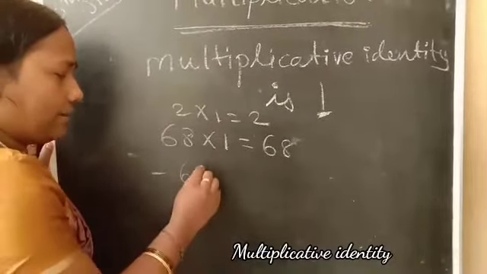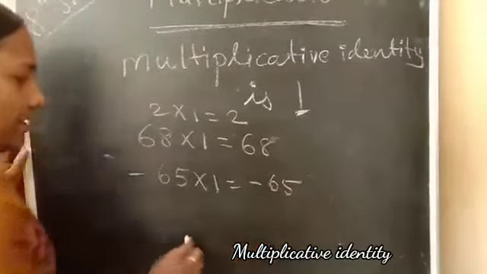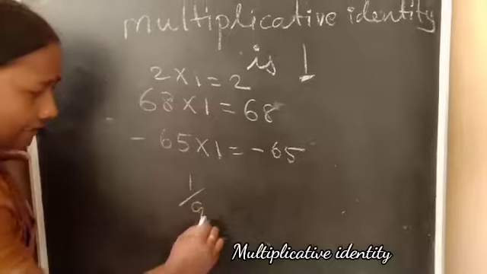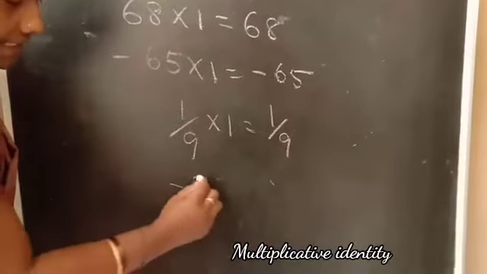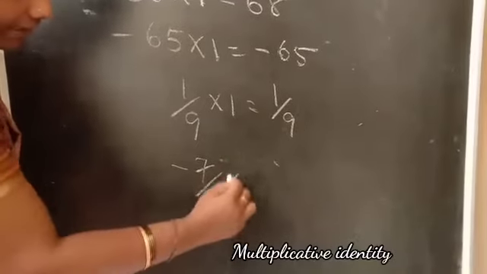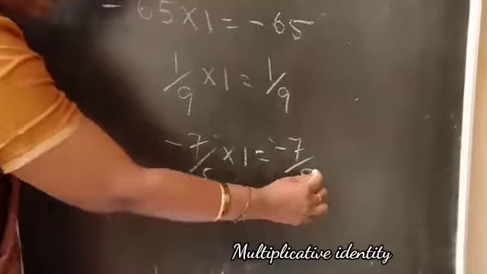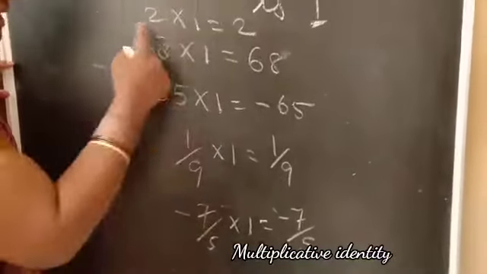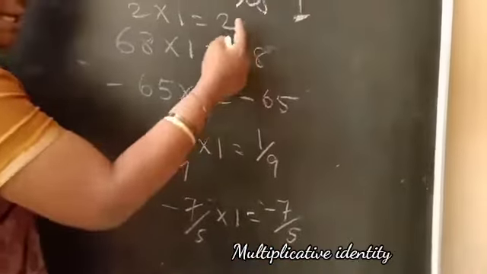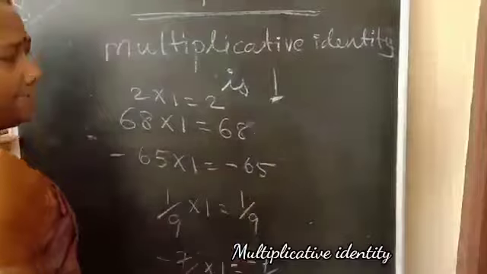Minus 65 into 1, minus 65. 1 by 9 into 1, 1 by 9. Minus 7 by 5 into 1, minus 7 by 5 only. So if you multiply 1 with any number, the answer will be the same number. That's why 1 is the multiplicative identity.